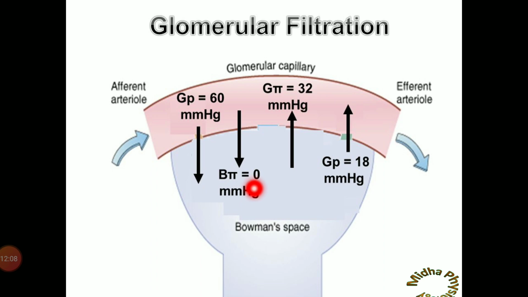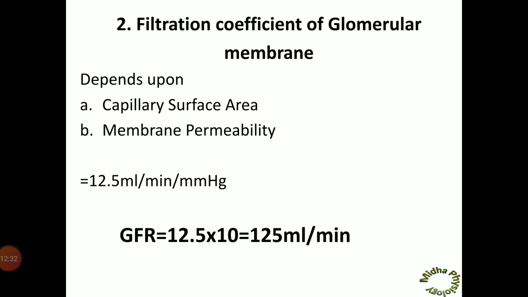Here you can see the osmotic pressure of the Bowman's space is only 0 millimeter of mercury, whereas the hydrostatic pressure of the Bowman's space is 18 millimeter of mercury. So these values are a little different, but if you calculate the effective filtration pressure again, it is going to come around 10 millimeter of mercury only.